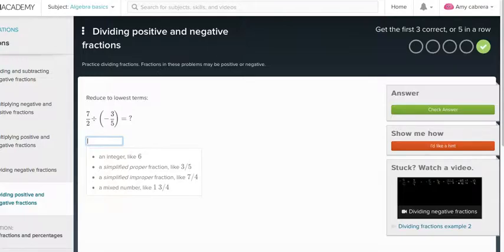Since you can't really divide when you're doing fractions, you keep, change, flip, which makes 7 over 2 times negative 5 over 3.